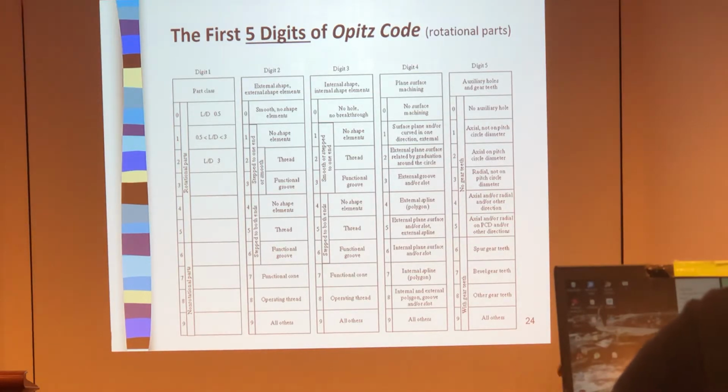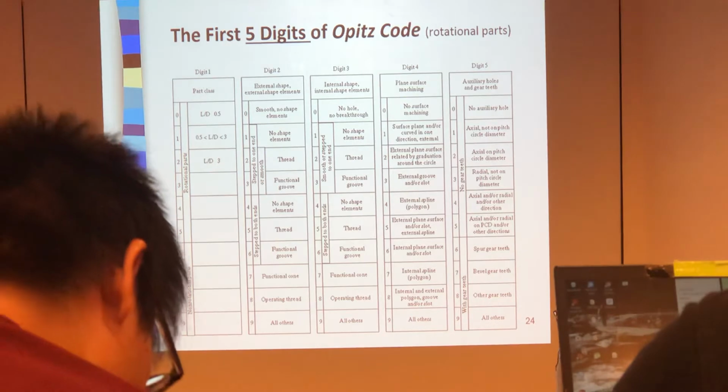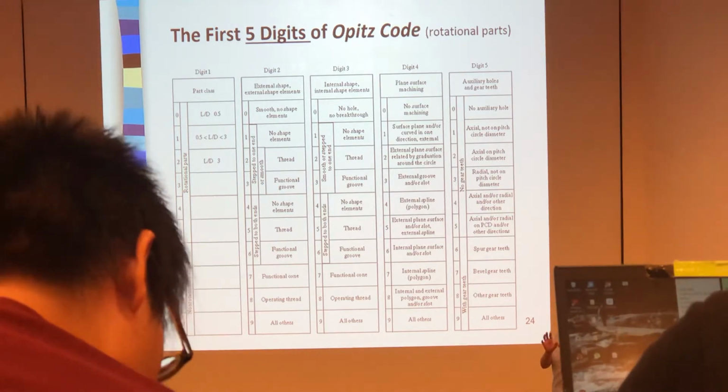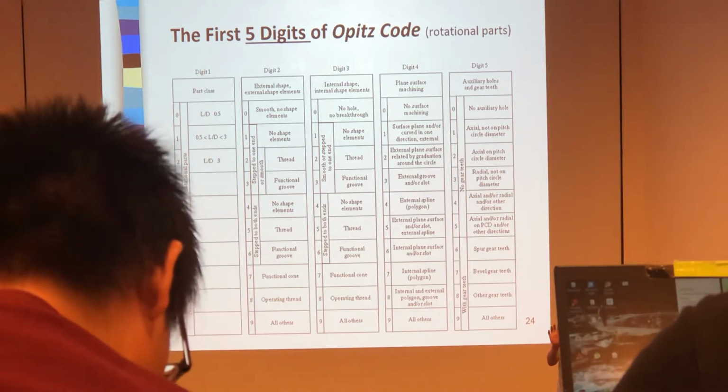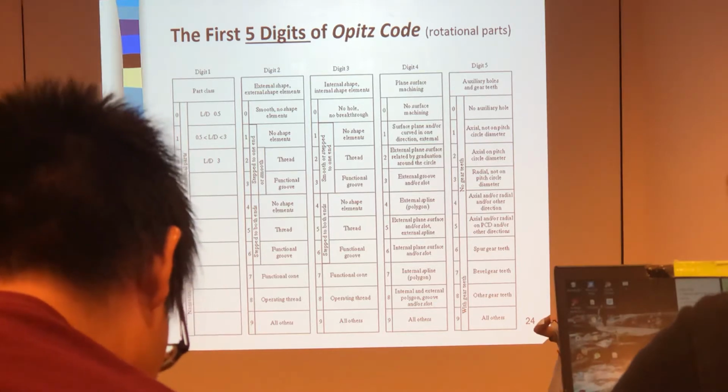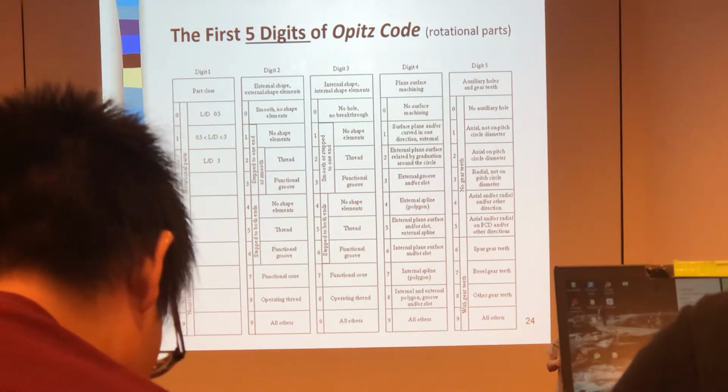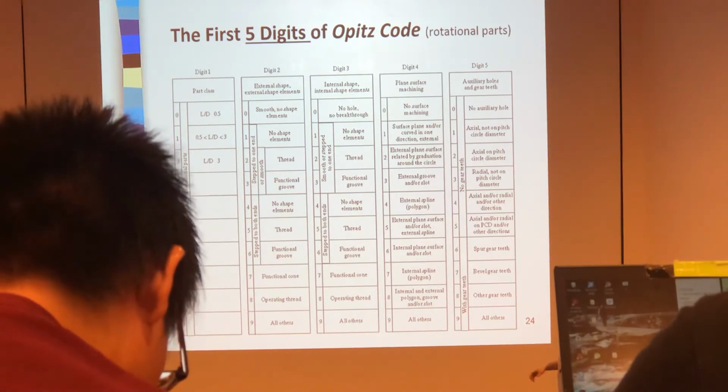If you go to digit 2, the first one, 0, means smooth, no shape elements, meaning a single diameter and nothing else. A rotational part could contain several sections, each section defined by a diameter.